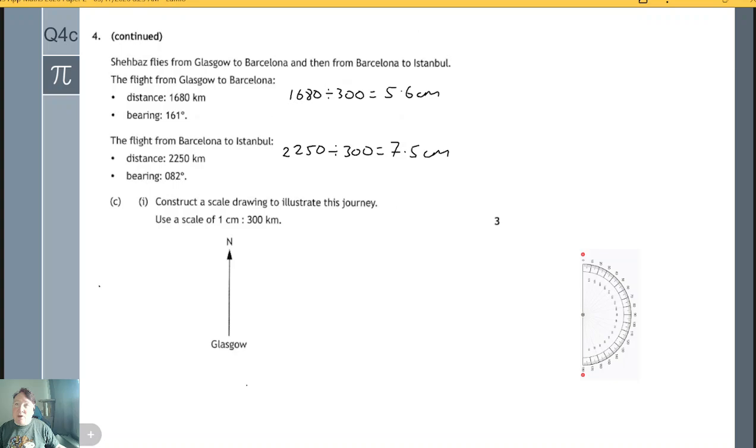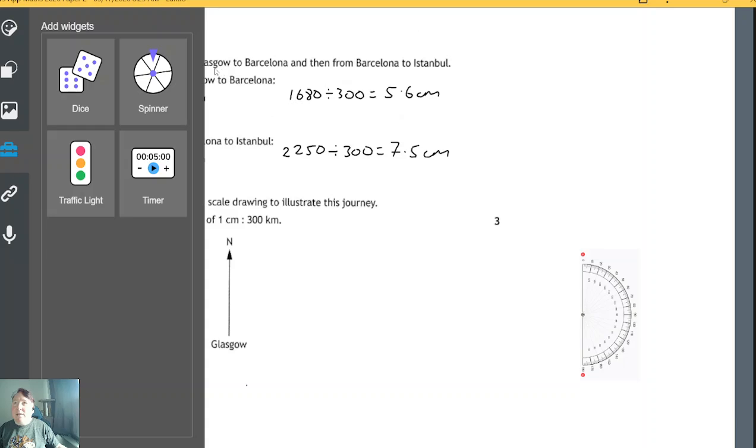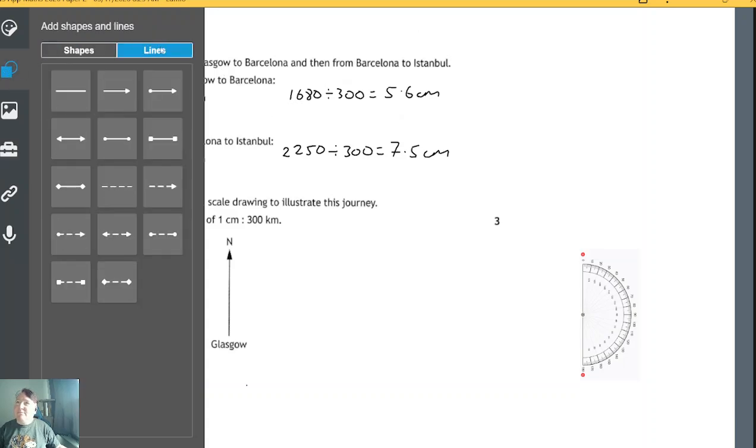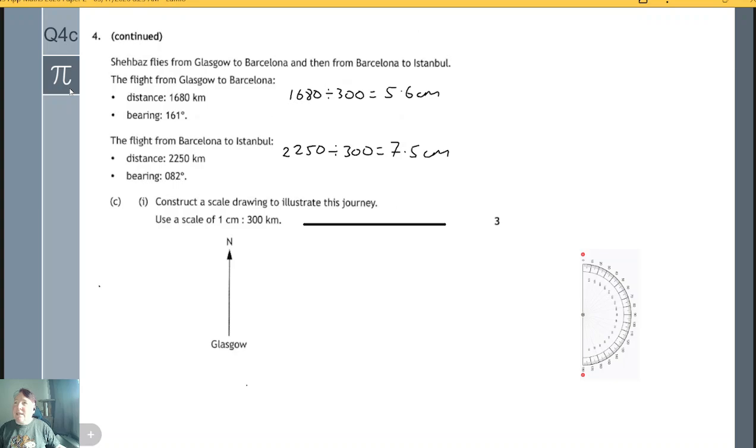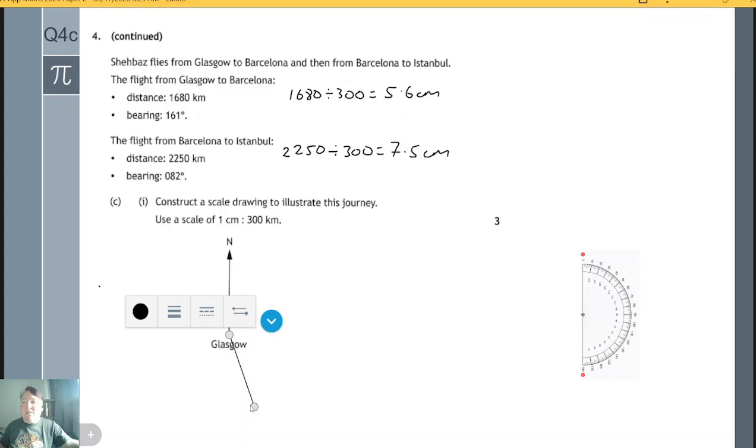I don't think I've even got enough room on here for that distance. Let me find the lines. And I need a thin line. Let's get this thin. And I'm going from Glasgow in that direction for what will be 5.6 centimetres, which I don't know how I'm going to do this.